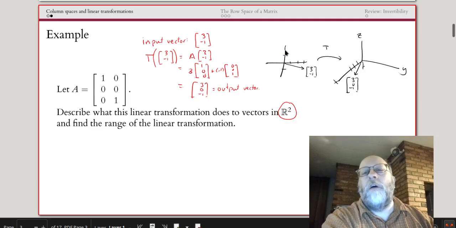So the vector 2, 4 becomes 2 times 1, 0, 0, plus 4 times 0, 0, 1, becomes the vector 2, 0, 4, which is 2 units over, 4 units up.